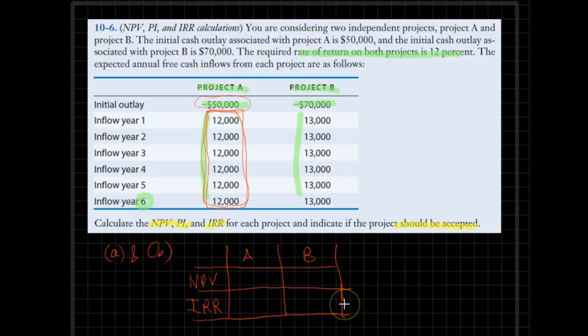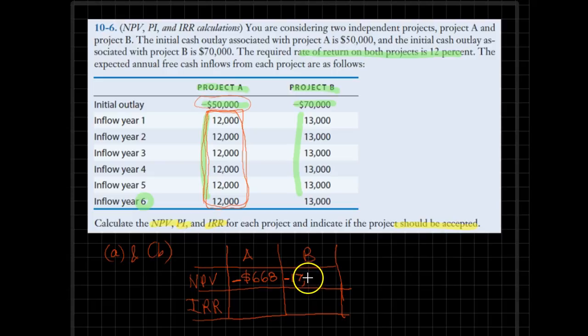So having said that, assuming you enter the correct figures, the NPV should come out as $668 for project A, but with a negative sign, unfortunately. So minus $668, whereas the same figure for project B is even worse, minus 17,000.